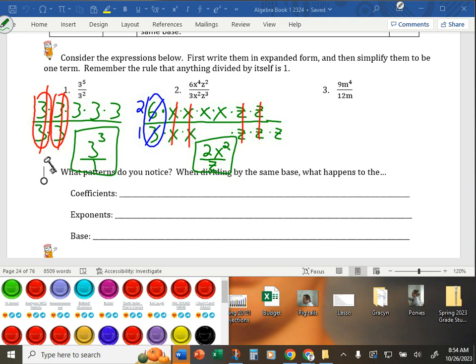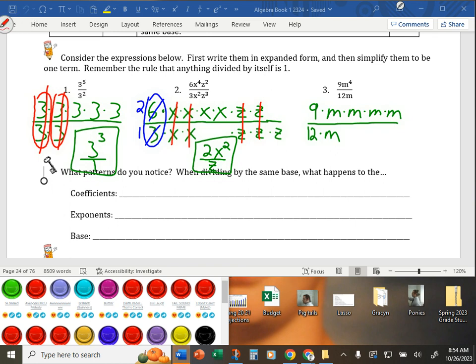Right. The last one, 9m to the 4th over 12m, coefficient 9, so we got one of them. And then m times m times m times m to the 4th. Then in our denominator, we have 12 times m, just one 12, just one m. Okay? Tell me what I can do here.